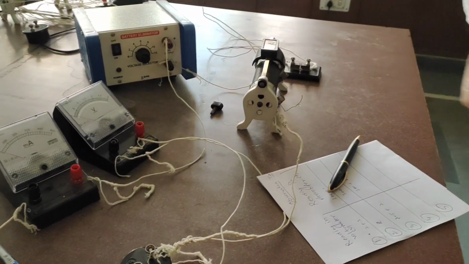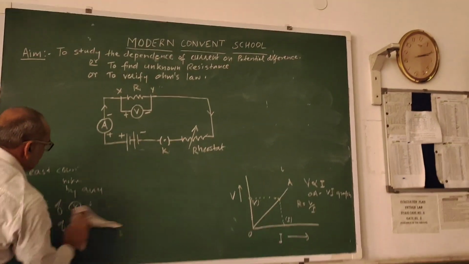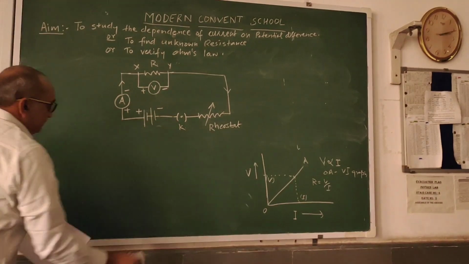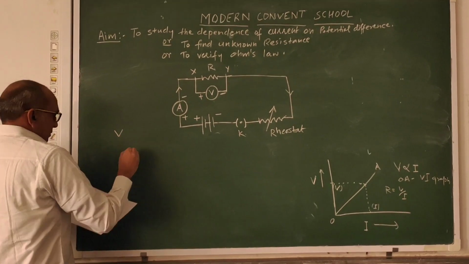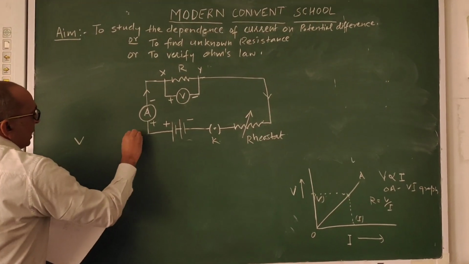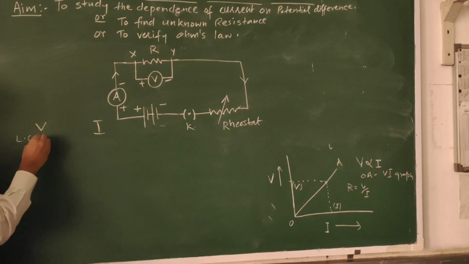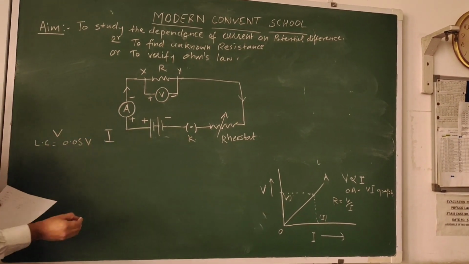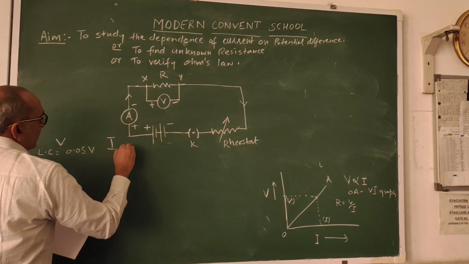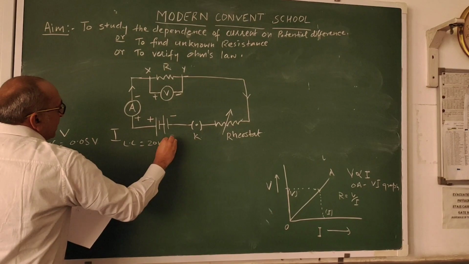Now for further work, I am writing the readings on this board. V, I. The least count of our voltmeter was 0.05 volt and the least count of our ammeter was 20 milliampere.